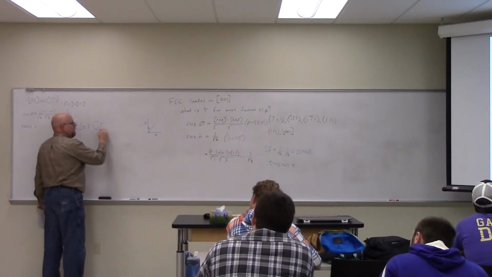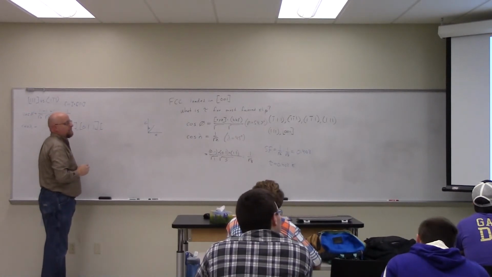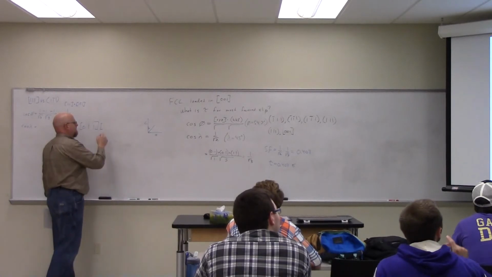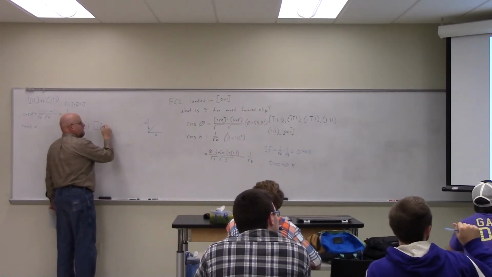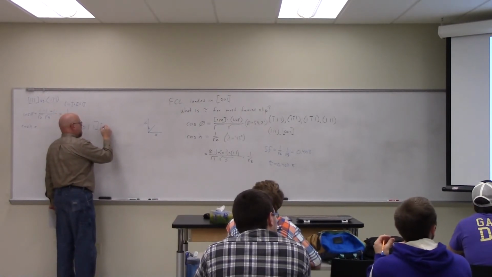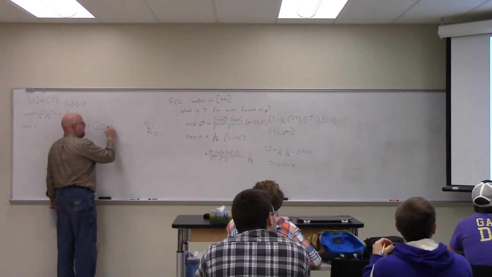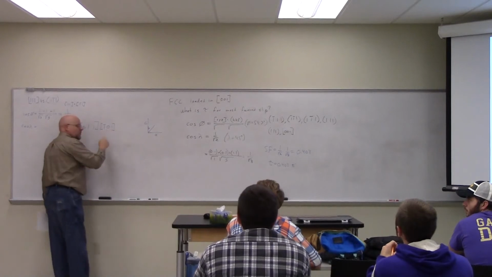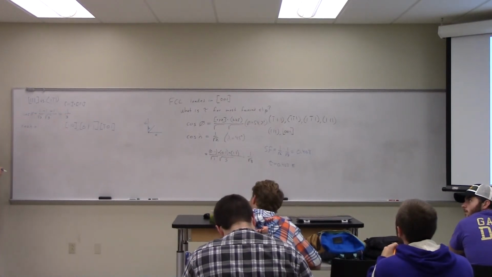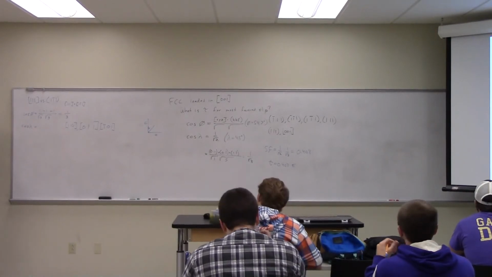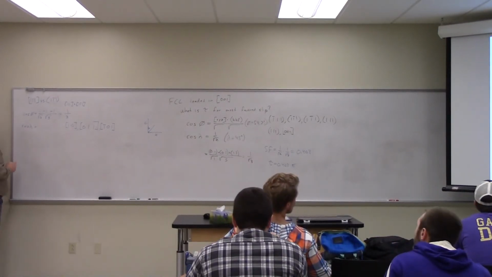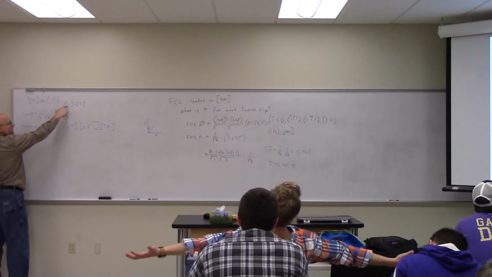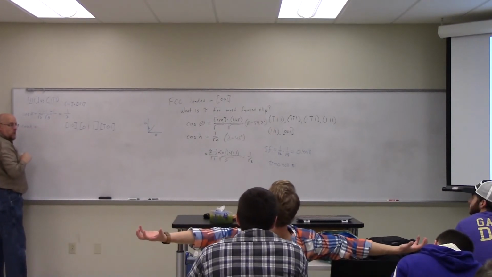And what is the third one on the right-hand side? 1, 0, 1 bar, which is the same thing as 1 bar, 0, 1. They're just opposite directions of each other, right, one's going up and one's going down. Those are the three directions. So I'm dotting those with 1, 1, 1.